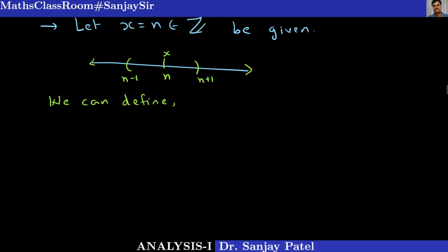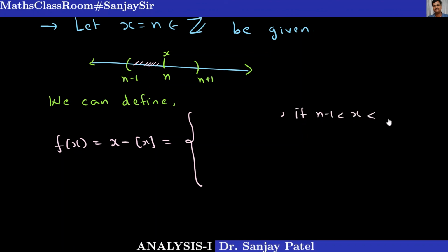So we can define the function f of x, which is equal to x minus bracket x, as there are three regions. Suppose x lies in the open interval n minus 1 comma n, meaning n minus 1 less than x less than n.